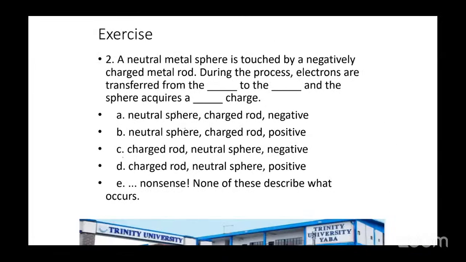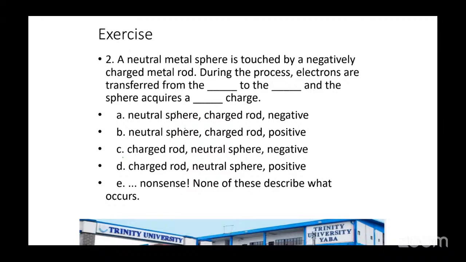Now, a neutral metal sphere is touched by a negatively charged metal rod. During the process, electrons are transferred from dash to dash, and the sphere acquires a dash charge. So what is your answer? This is also charging by conduction.